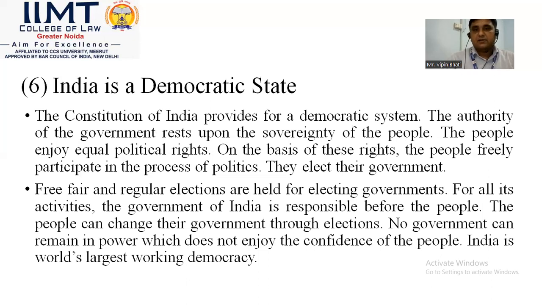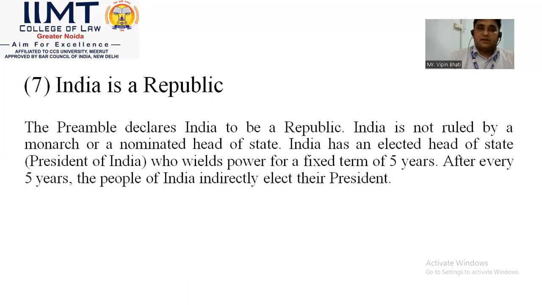Now next is India is a republic. So India is a republican country. The preamble declares India to be a republic. So India is not ruled by a monarch or a nominated head of the state. India has an elected head of the state, which is called the President of India. There is a fixed term for the President of India of 5 years.